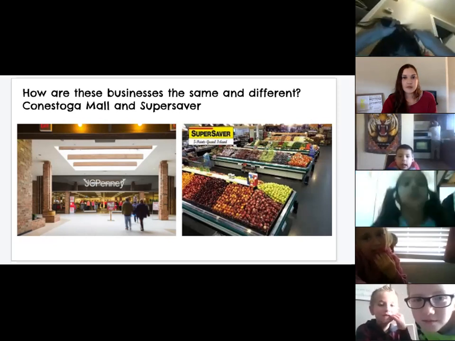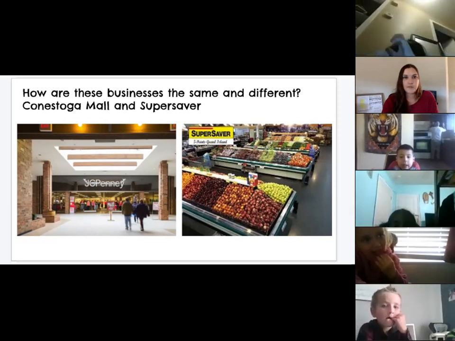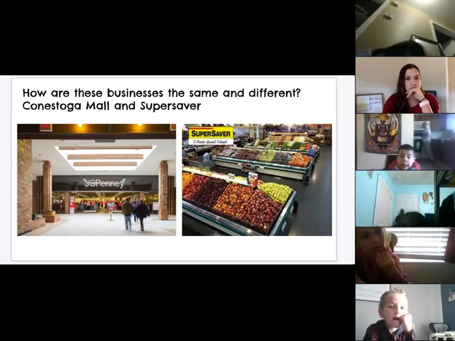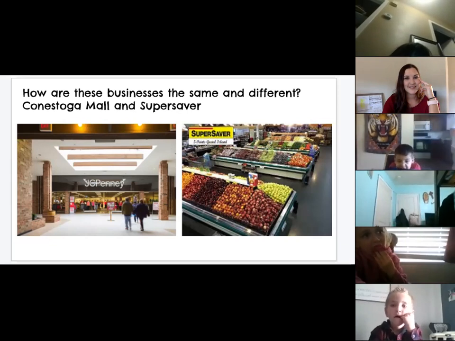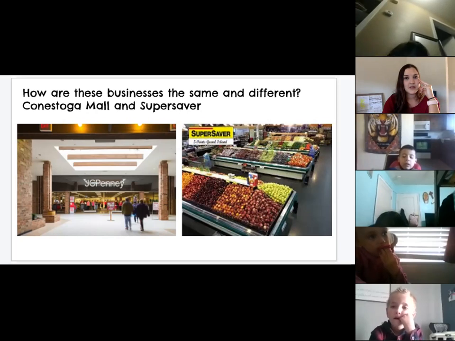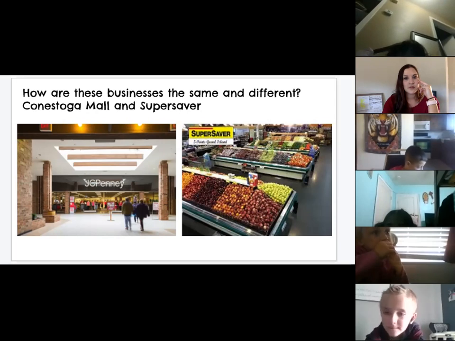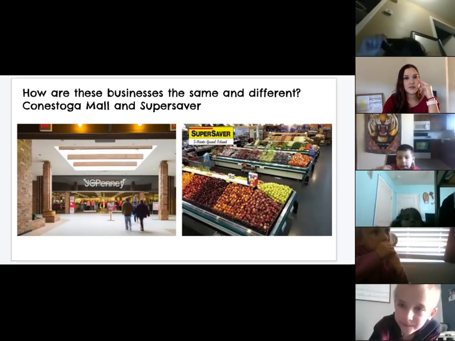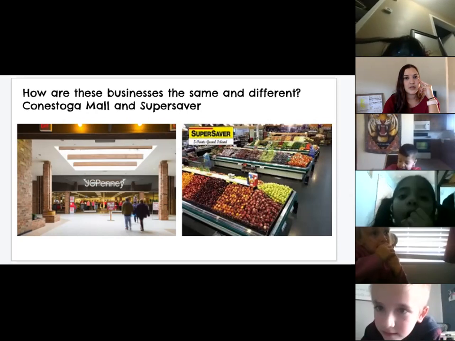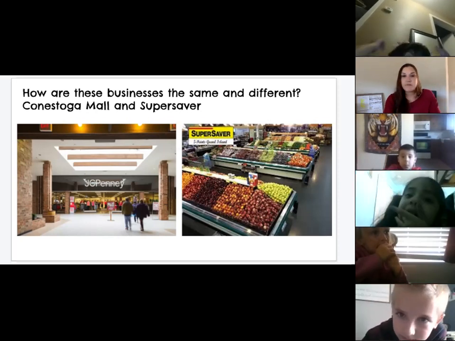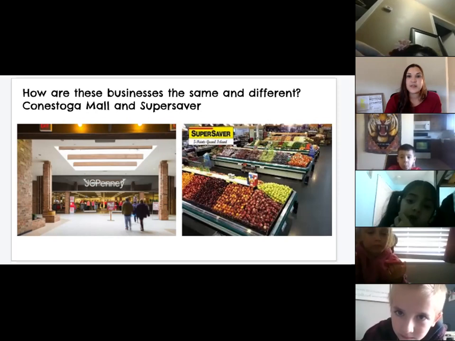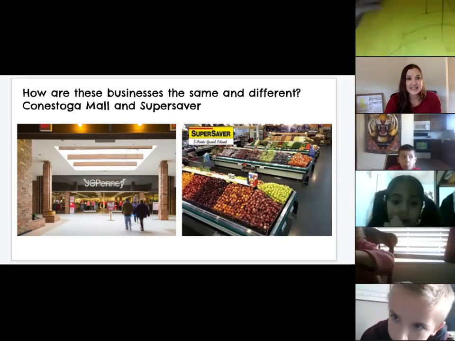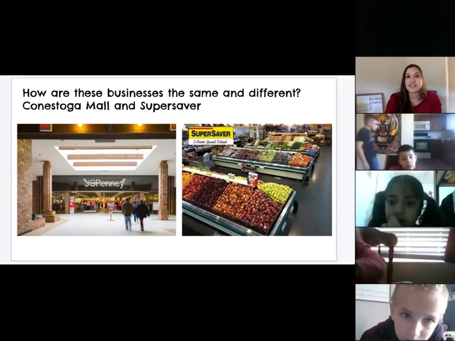They're both places where you can buy stuff. Yes, and a lot of people go there. Yeah, they're both places where you can buy things. And they're in the community. Now, what about them is different?